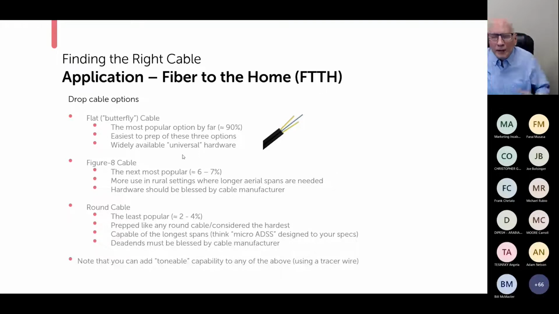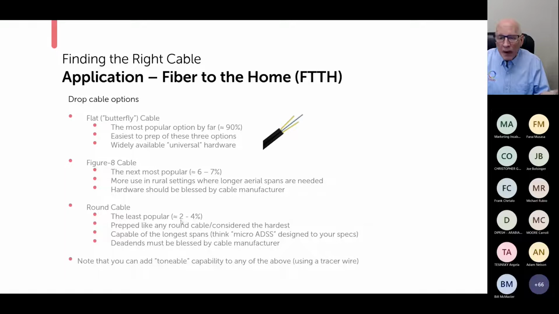With figure eight cable, you really need to coordinate between the hardware supplier and the cable manufacturer and get the cable manufacturer to say it's okay. Otherwise, you're asking for trouble. Not a hard requirement, but a good idea.